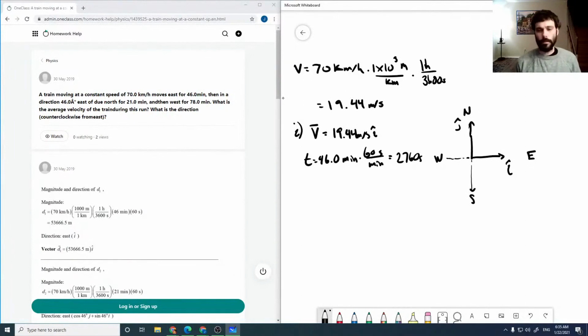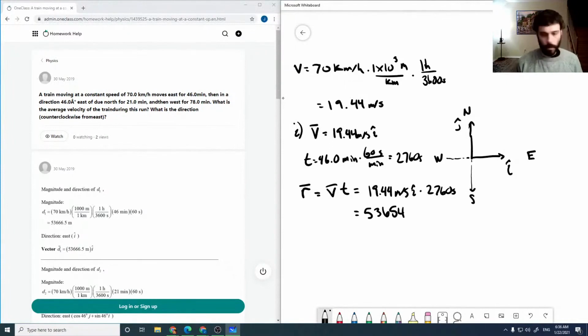And so the distance vector that I've traveled is VT, which is the 19.44 times the 2760 seconds, which comes out to be 53,654.4 meters in the I hat direction.